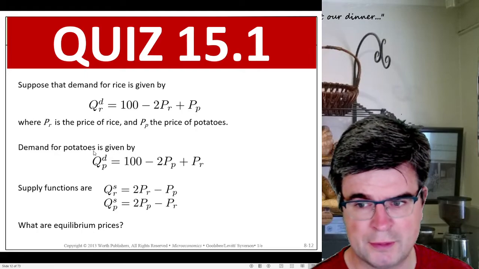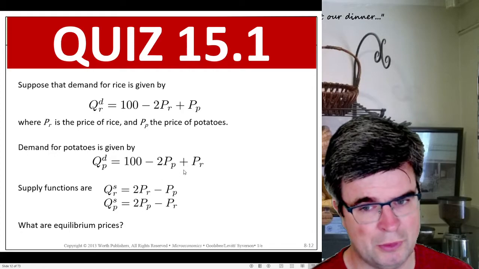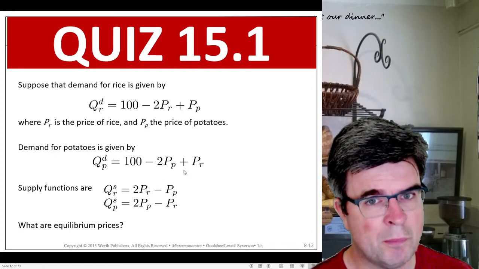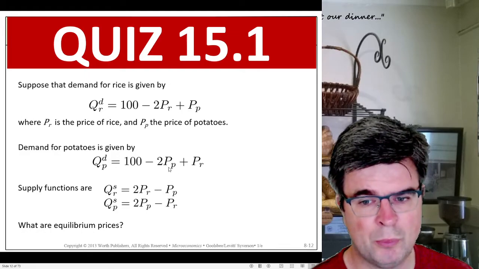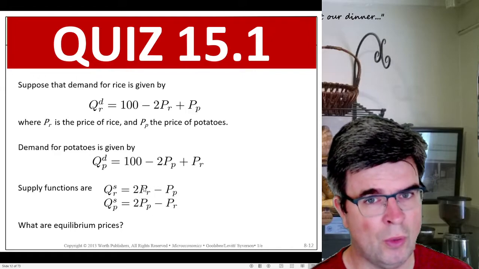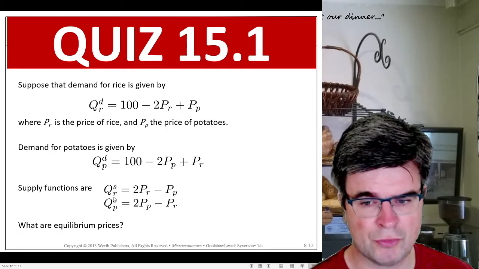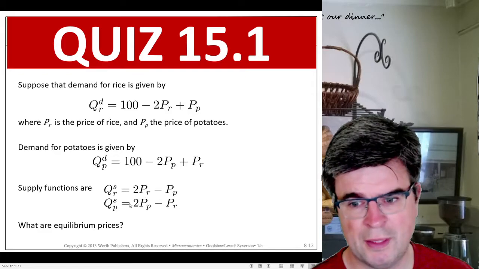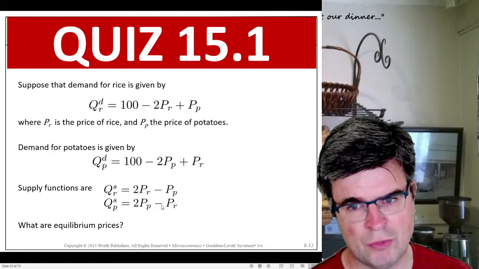And likewise, the demand for the potatoes is not only dependent on the price of potatoes, but dependent on the price of rice as well. But to make matters a little bit more interesting, we have here an example where also the supply of rice and potatoes is dependent on the price that establishes in the other market. So the supply function of rice not only depends on the price of rice, but also on the price of potatoes, and the supply of potatoes also depends on the price of rice.